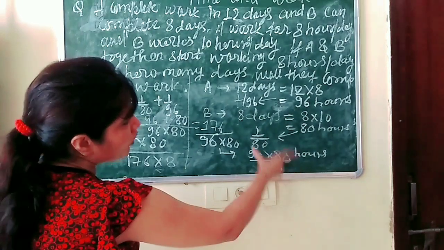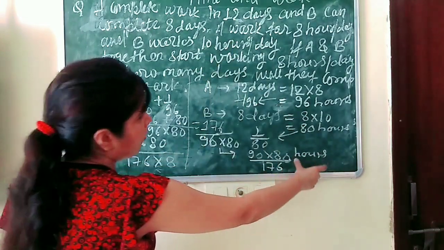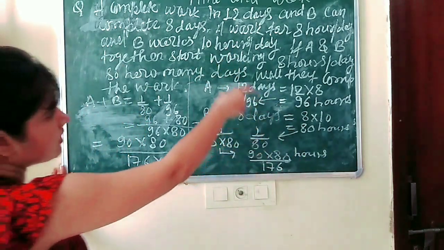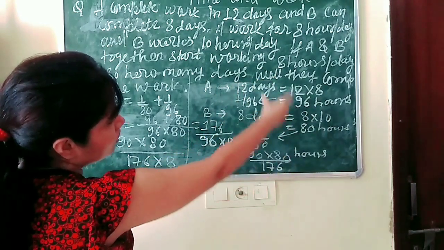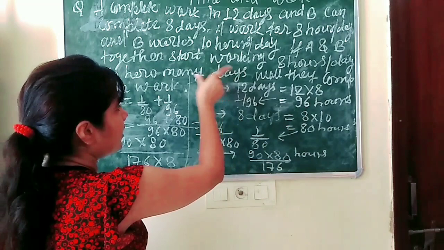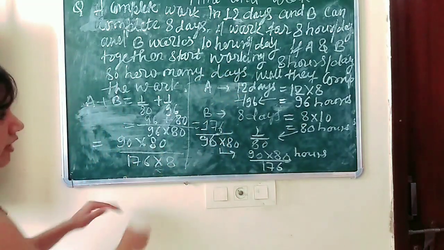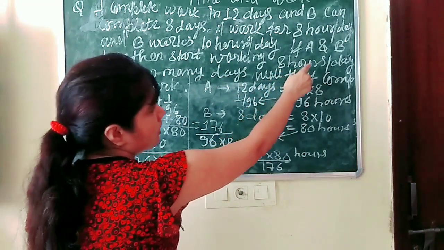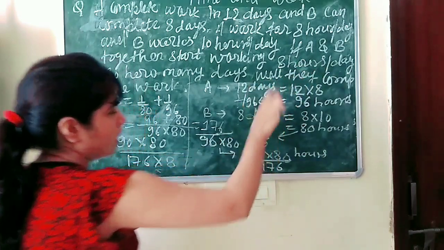If the question was asking how many hours they have taken to finish the work, this would be the answer. But they are asking in days, so we will convert it by dividing by 8 hours, because in one day they are working 8 hours together.